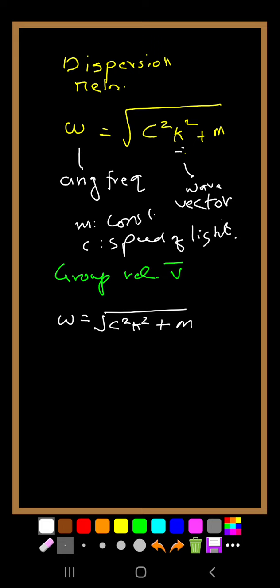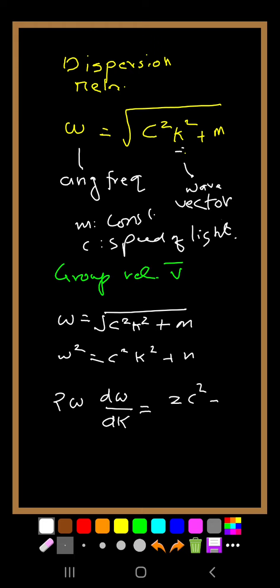If you differentiate with respect to k, then it will be 2 omega d omega by dk is equal to 2 c square k, and m will not be there since this is a constant. So you can see that d omega by dk is equal to c square k by 2 omega.